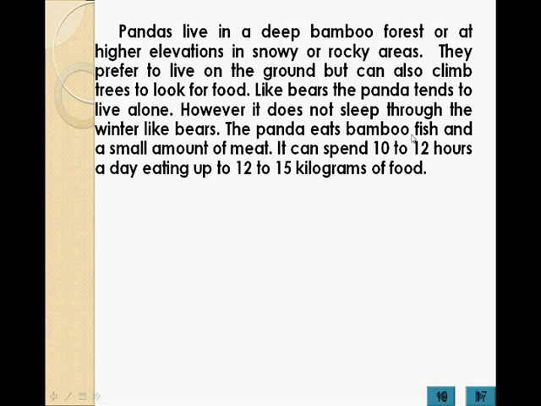So they eat bamboo, fish and a small amount of meat. It can spend 10 to 12 hours a day eating up to 12 to 15 kilograms of food. So it can spend lots of time, okay, 10 to 12 hours a day eating. And how many kilograms are they eating? It's 12 to 15 kilograms of food.